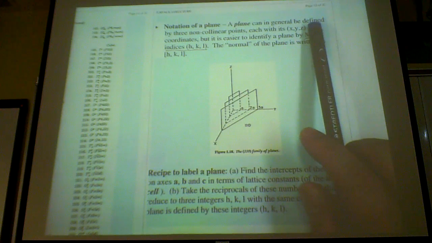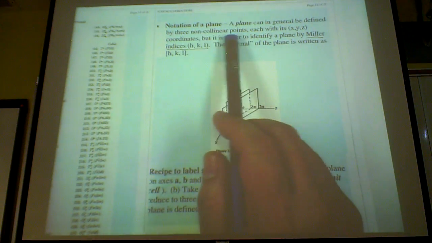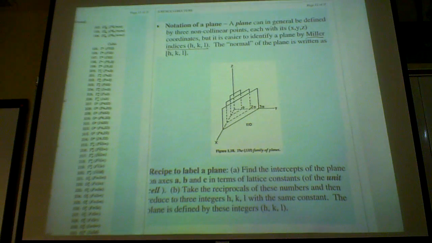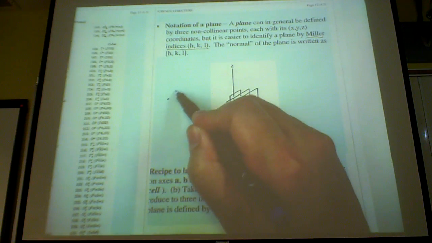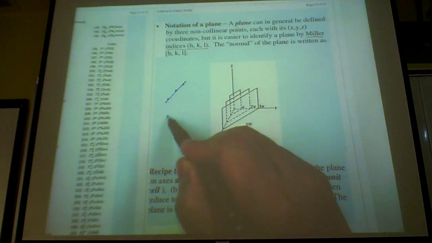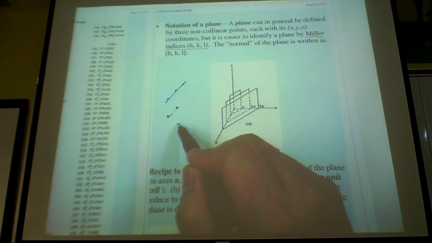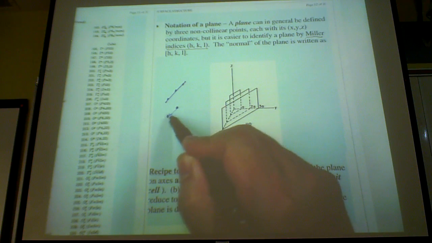So a plane is really just any 3 points that are not in a straight line. Okay, 3 non-collinear points. Collinear means they lie in the same direction. So if you have 1, 2, 3, all in a straight line, that's collinear. So you have 1, 2, that is collinear with respect to each other, and then you have 3, like this.